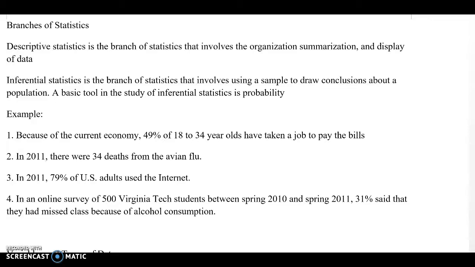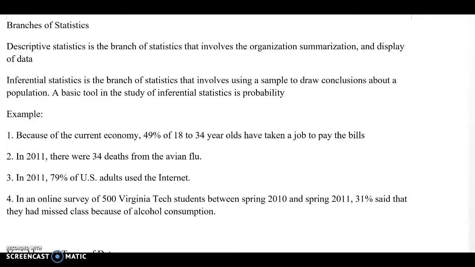Number two, in 2011, there were 34 deaths from the avian flu. This one looks like a general idea, right? Which means a conclusion. So number two should be inferential statistics.